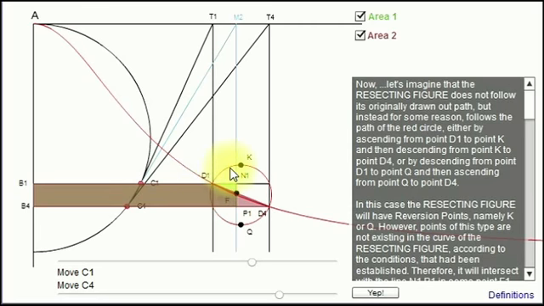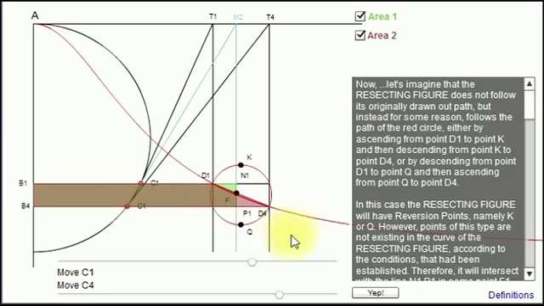That's not possible. And what the resecting figure never will have either is reversion points. So that means points like K or like Q, where you have an apex of a path basically circumventing this complementary rectangle. That's not possible.